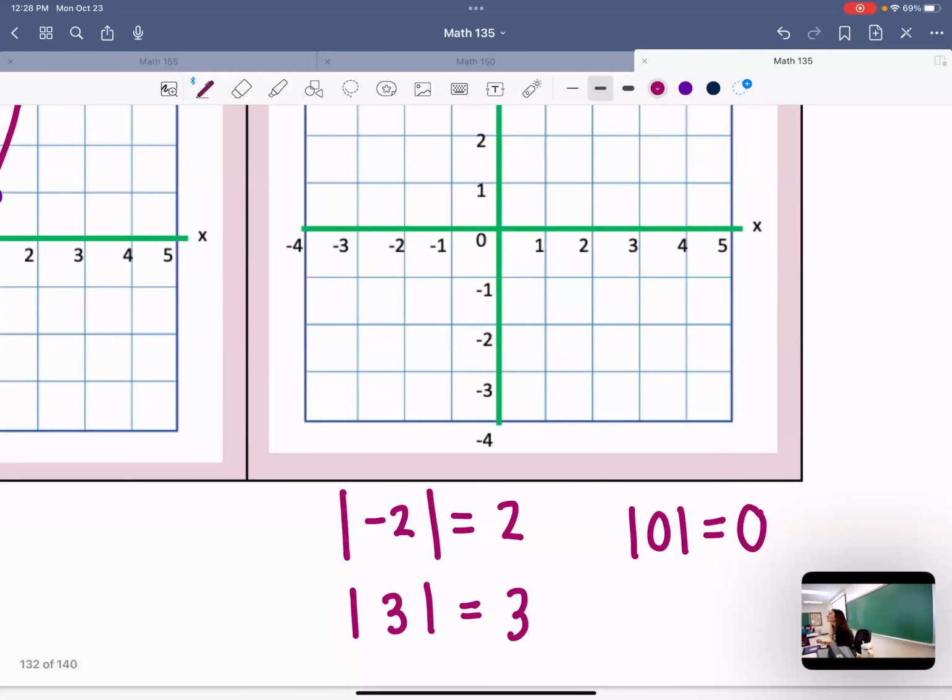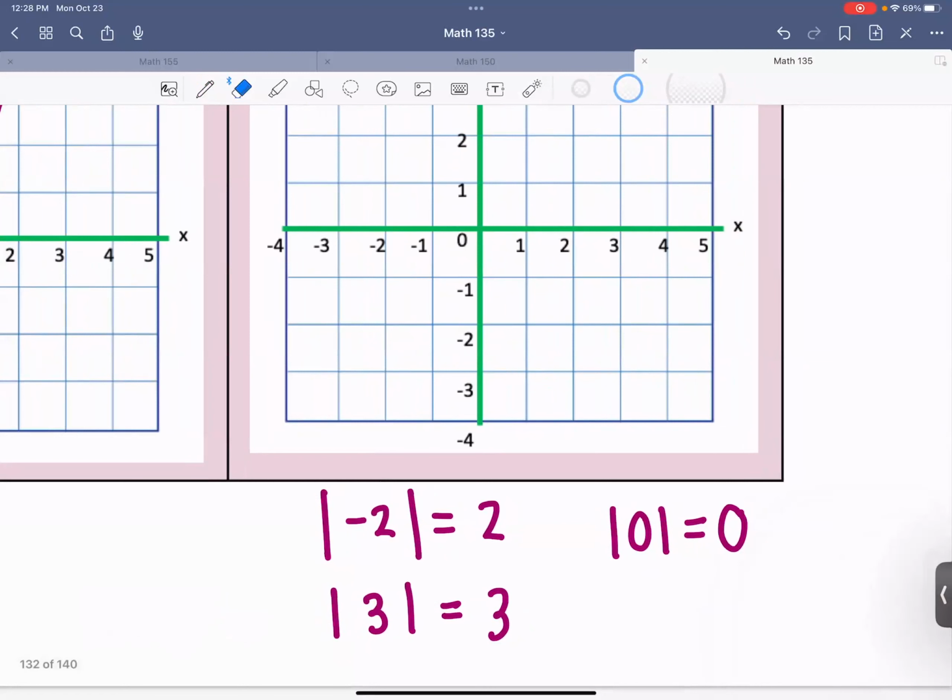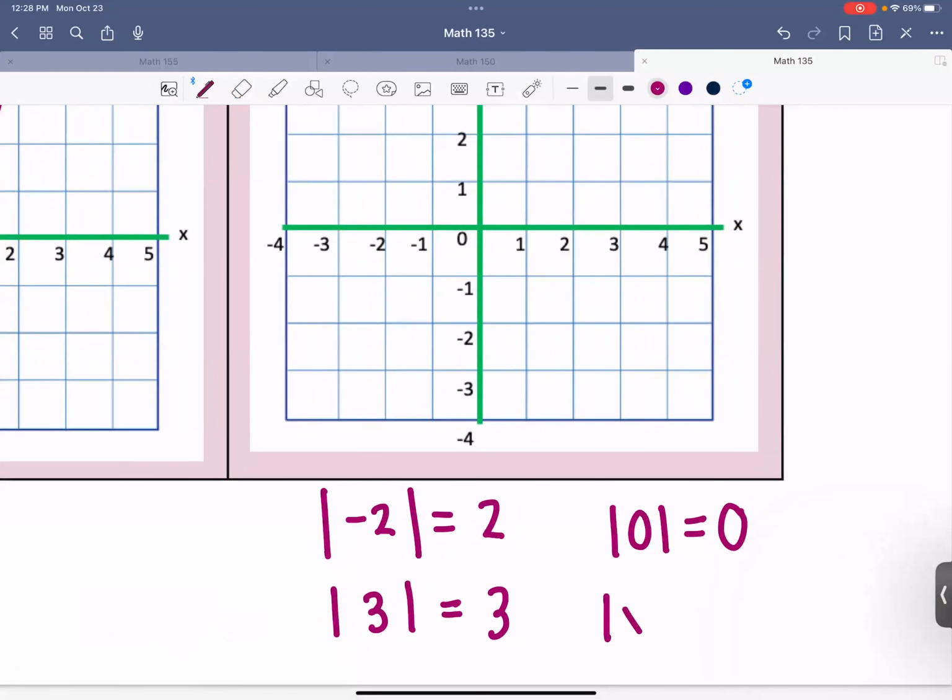What about a variable? So if it's negative, would that just become positive? Oh, yeah, that's a good one. Like the absolute value of -x would be positive. Actually, ooh, okay, this gets a little more complicated. Let's just say the absolute value of x.